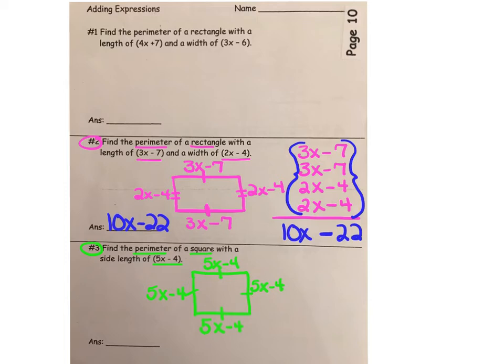Take a moment and stack your expressions over on the side. You need to term combine and find the perimeter in terms of an expression. Pause the video and see if you can do this one on your own.